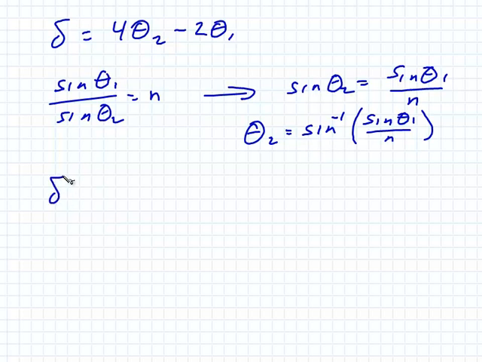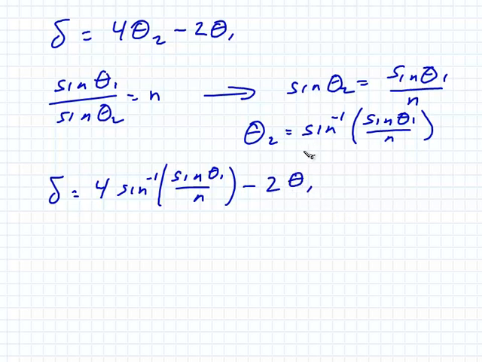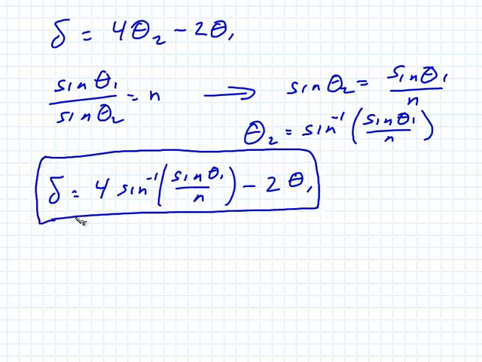So delta is equal to 4 times this relation minus 2 theta 1.